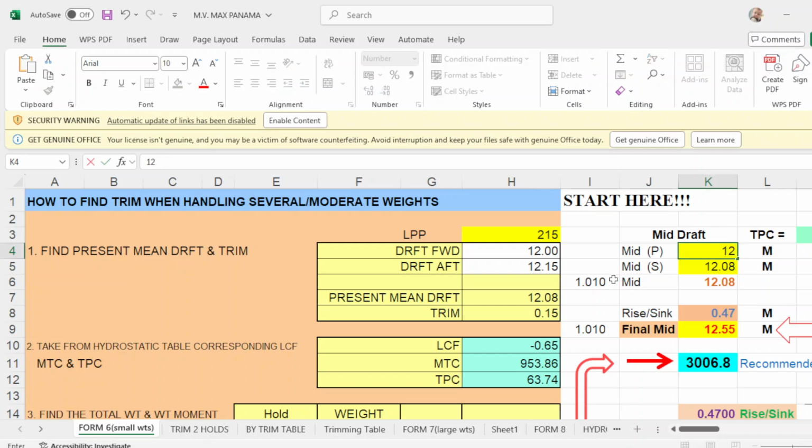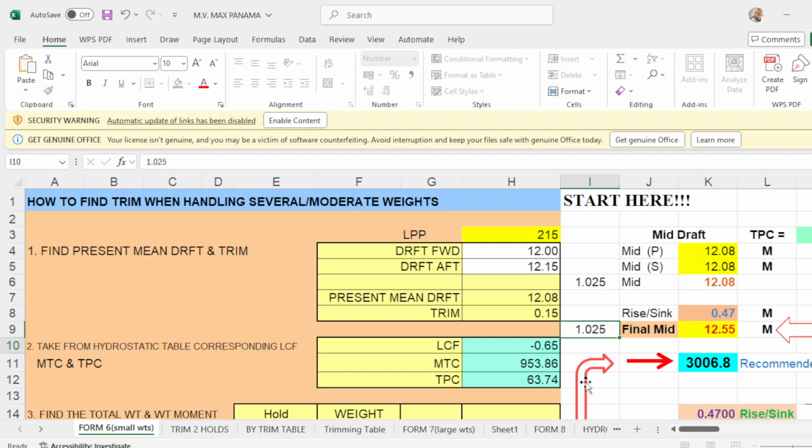Put 12.08, and starboard mid is the same, 12.08. So your mid draft is 12.08. At the time of reading the draft, the density was 1.025 of salt water, and assume upon completion of loading the density would also be 1.025.